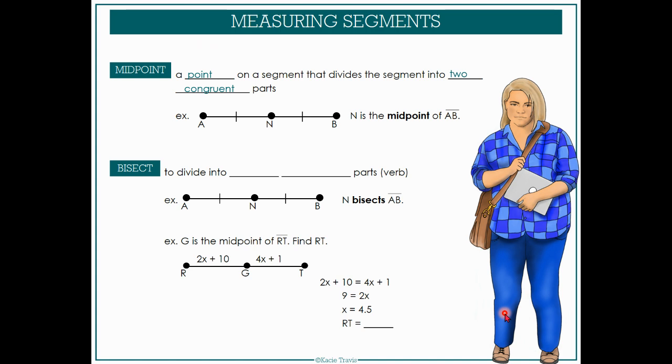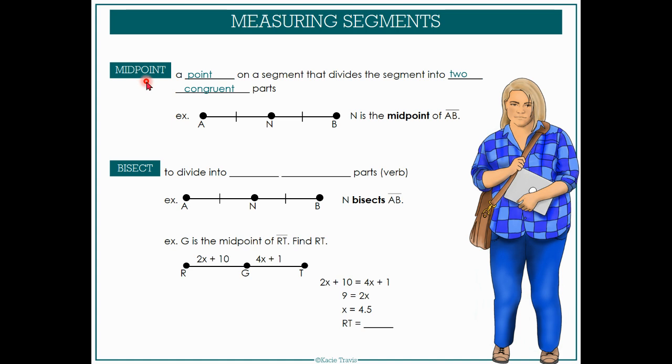So, on this example here, N is the midpoint of the line segment AB. If that's the case, this side here from A to N is congruent to this side here from N to B. That's why we have these two hash marks on here. So, this right here, this is our whole line, and these are two equal parts.